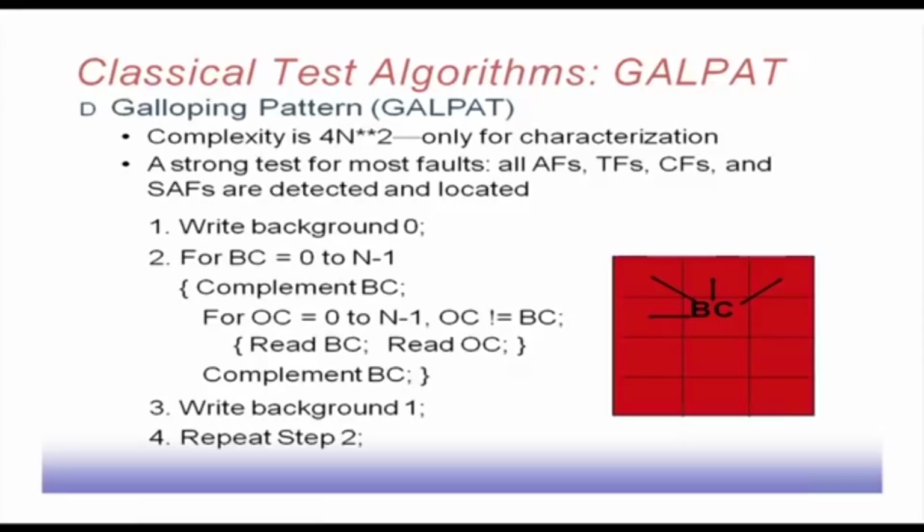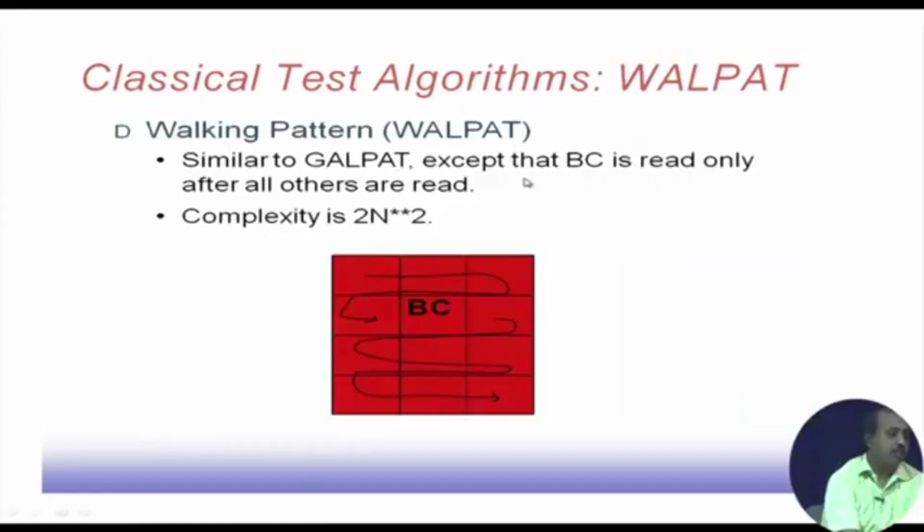If you have to do benchmarking of some memory test algorithm, you can compare it with GALPAT. For some small memory, you can run GALPAT and your proposed algorithm, and see how close you are in detecting the faults that GALPAT detects. That is why it is used only for characterization.